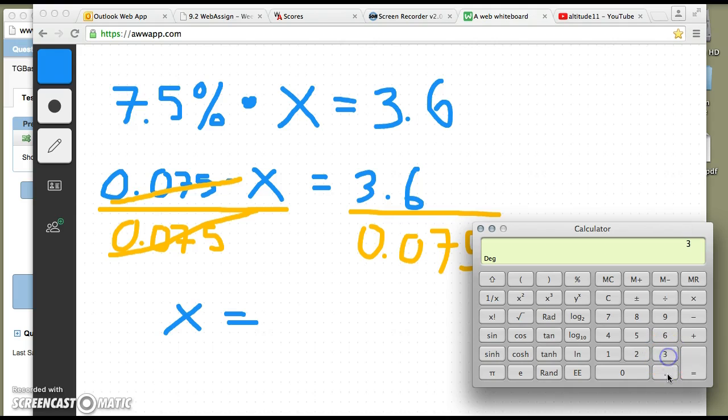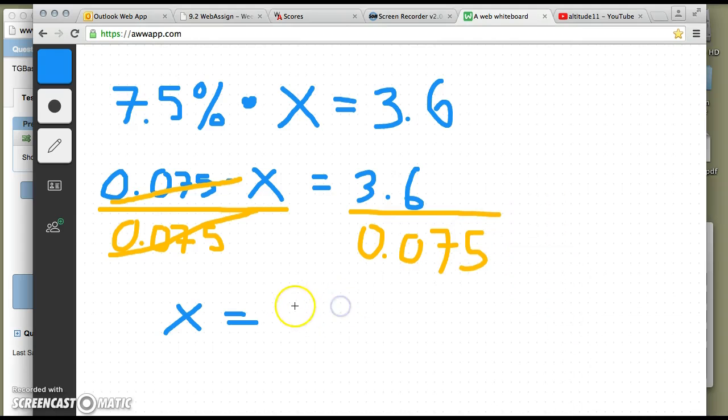Equals, should get 48. So 48 then is our answer.